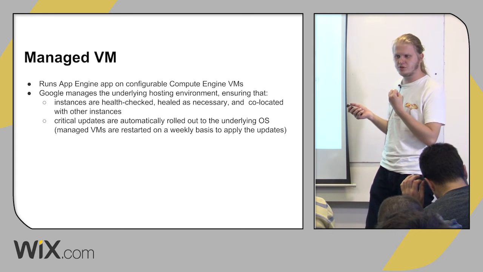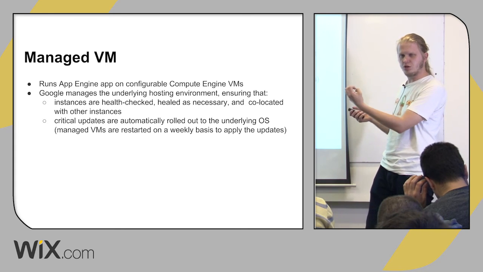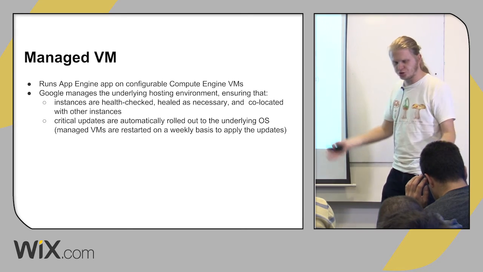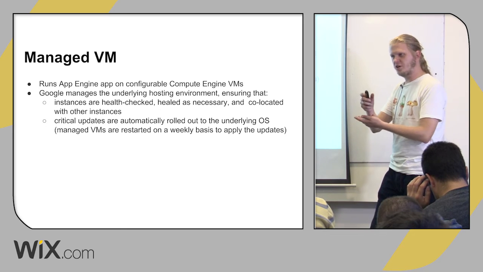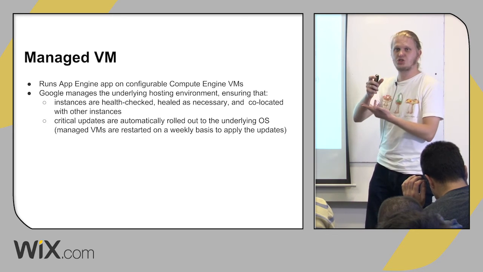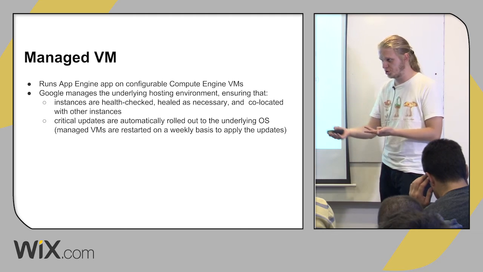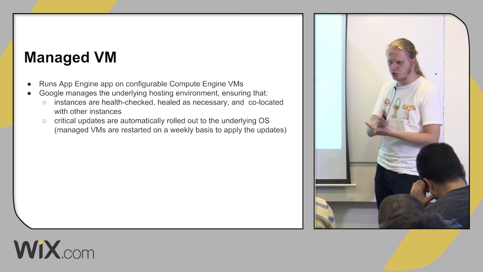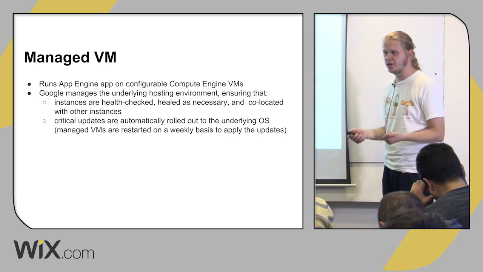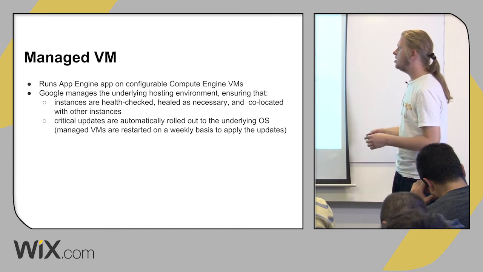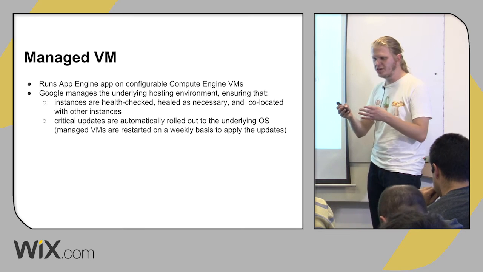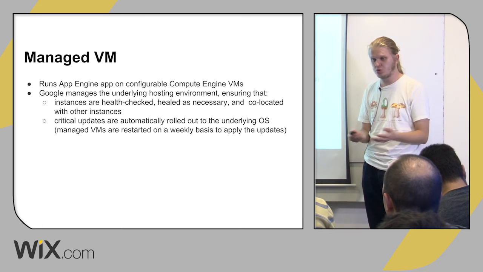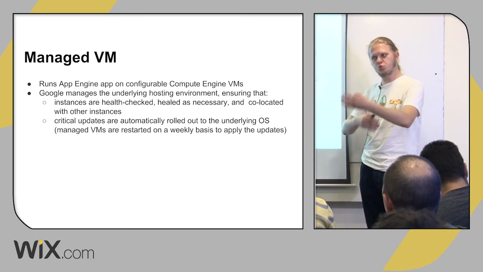You provide the runnable thing, and Google manages the whole hosting environment underneath it, like the host operating system, checking the health of your application, monitoring, CPU limits, CPU monitoring for autoscaling itself, and OS updates inside your Docker image even. If you have an operating system, you do have some operating system, but it will manage that.